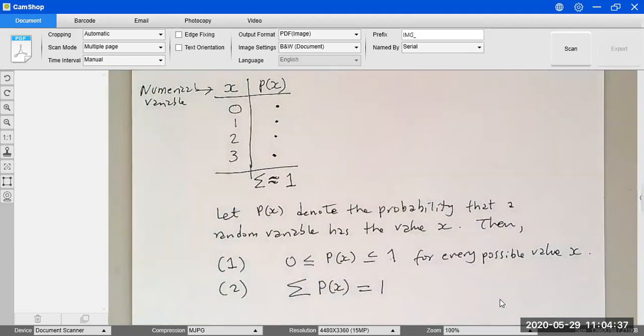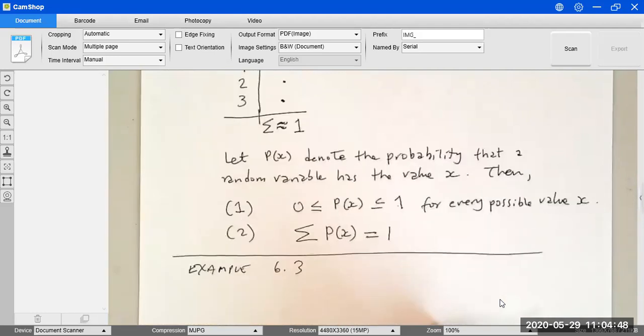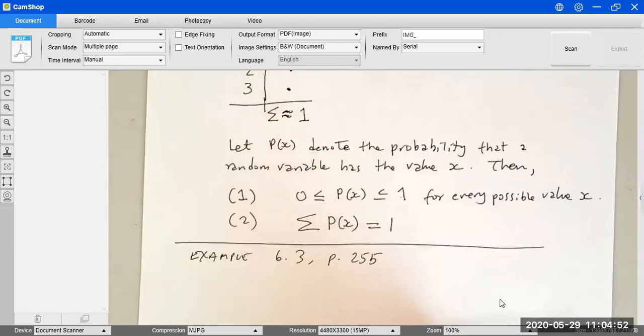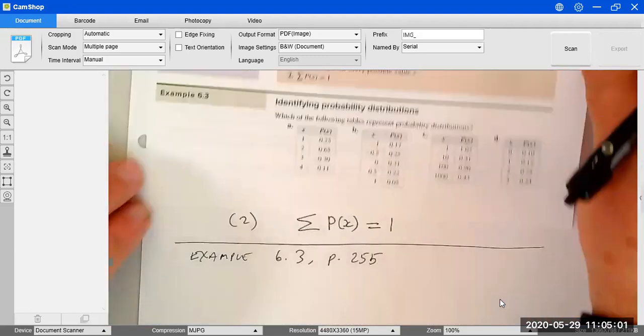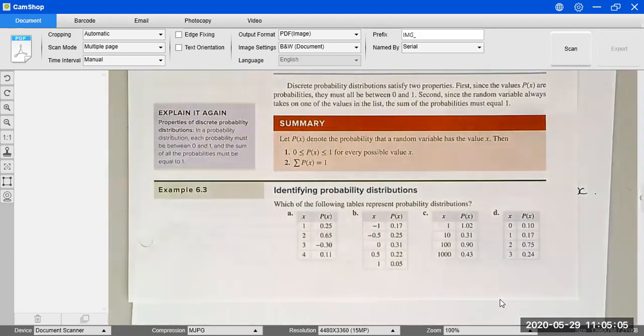We're going to work on example 6.3 on page 255. Let me show you that example. It's here, at the bottom of the page. What we have here is the following problem.